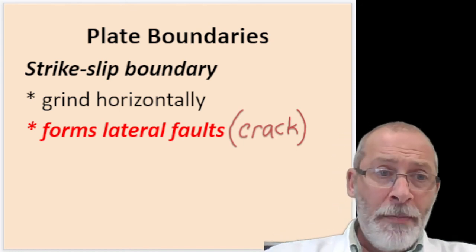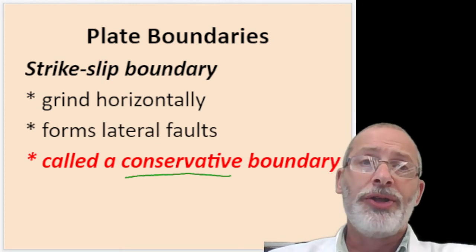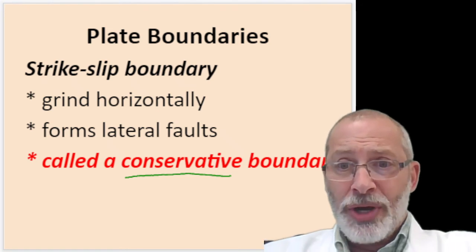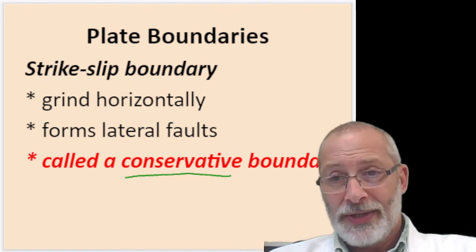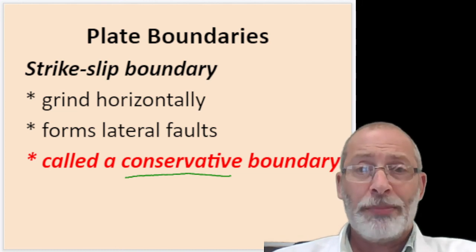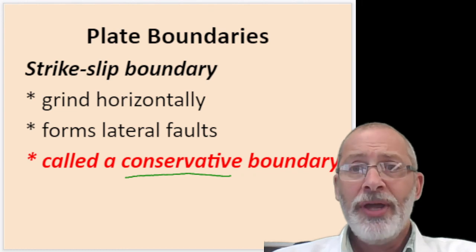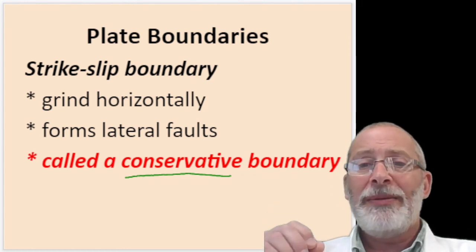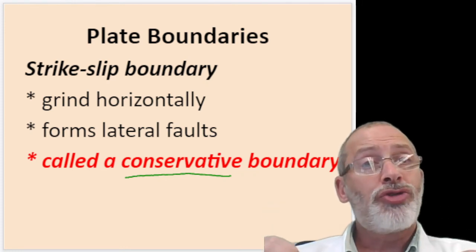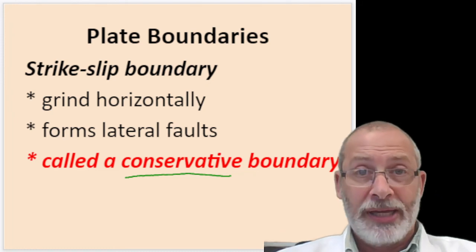Now, one more point about strike slip boundaries is that they are also called conservative boundaries. Now, don't confuse this with politics. This is not conservative as opposed to liberal. It's not that kind of terminology here, but rather a conservative plate boundary is one in which there is no construction and there is no destruction of plate material.